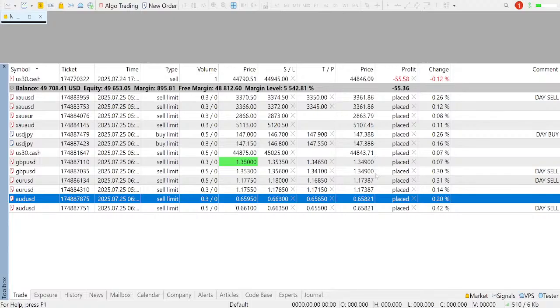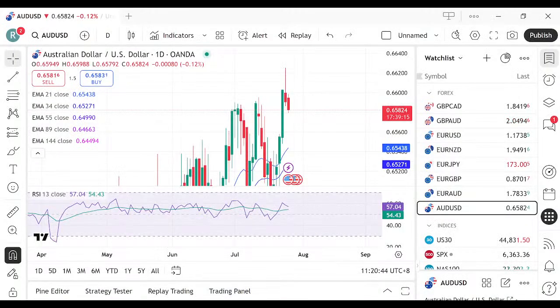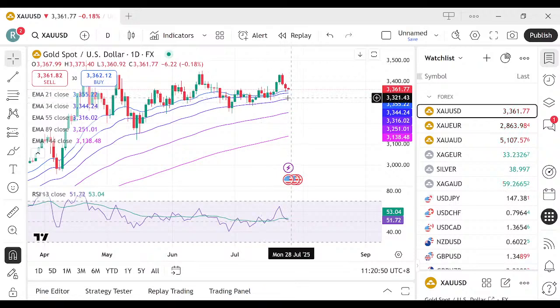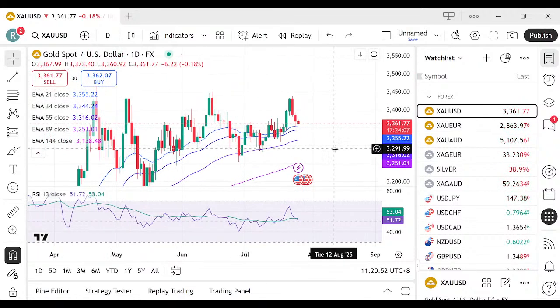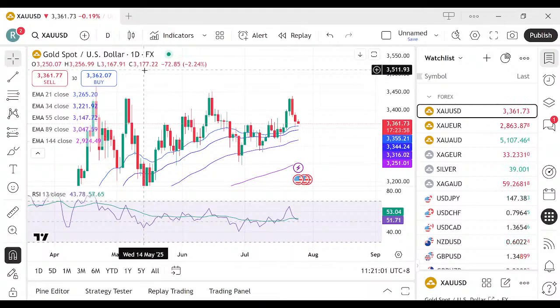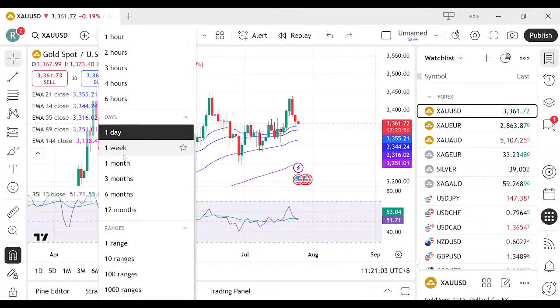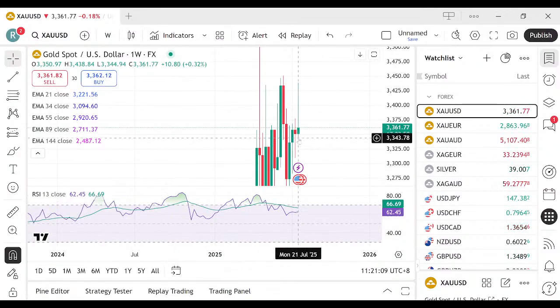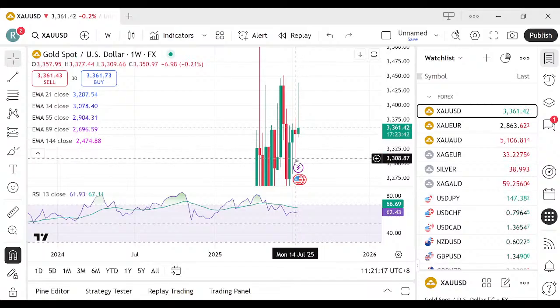Now let's move on to the gold US. The next trade we are going to look for is gold US. Okay, the chart looks okay, we may have seen the top on the daily and hourly. So we are expecting the price to test, let's look at the weekly, most likely 33.45, and if it breaks then we should see the price going towards 33.10.